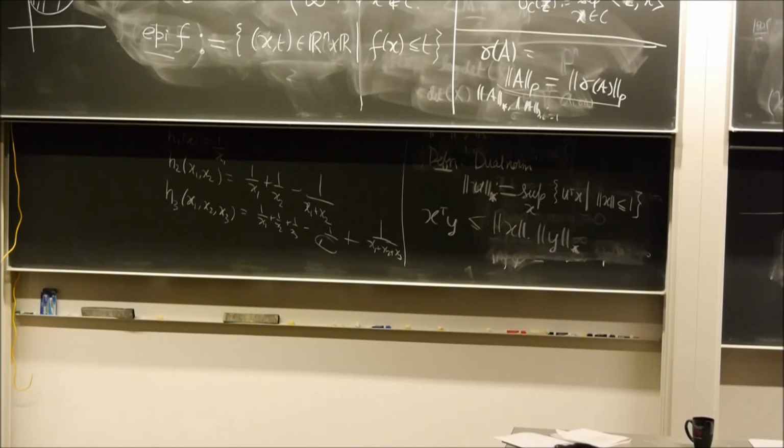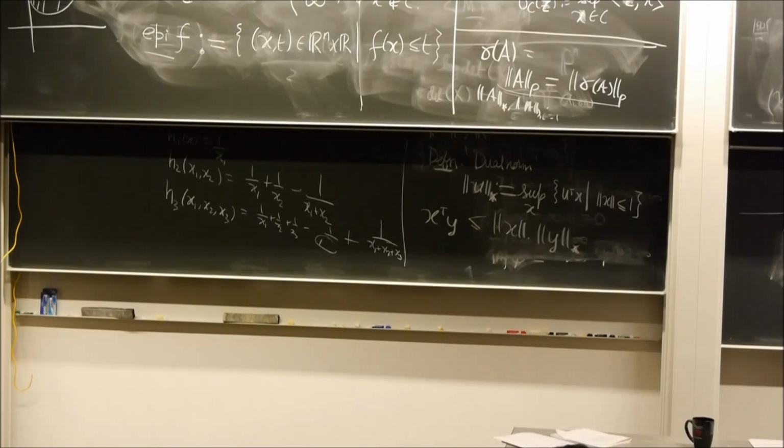So if this is any norm, let's just write f of x in there right now. What is its Fenchel conjugate? F star of z, the Fenchel conjugate of the norm, is not the dual norm, okay? The Fenchel conjugate is defined as the supremum over x of z transpose x minus f of x.